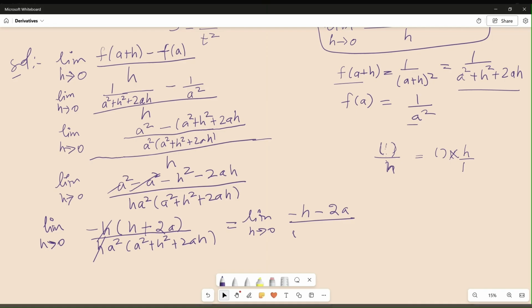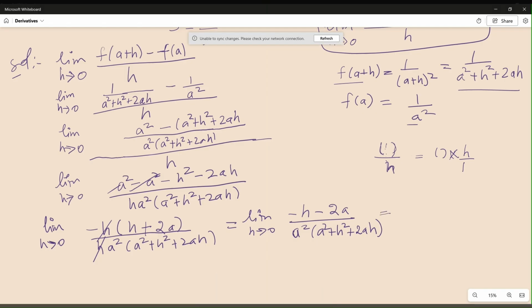Okay, at the bottom we have this. And as h approaches 0, we can see this is gone.